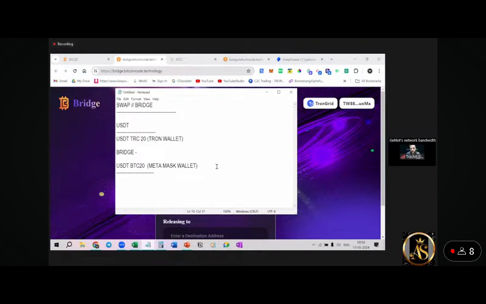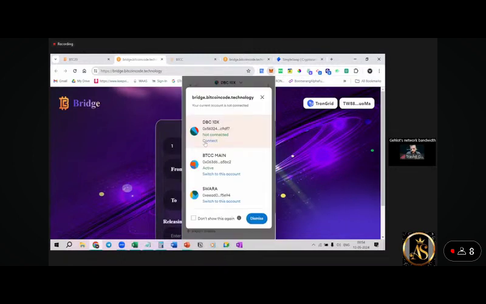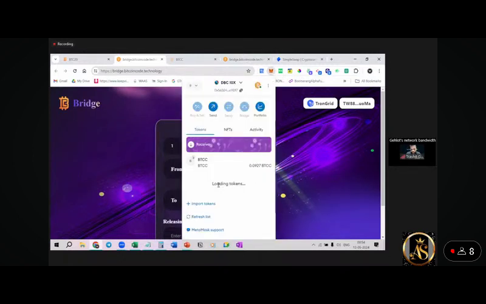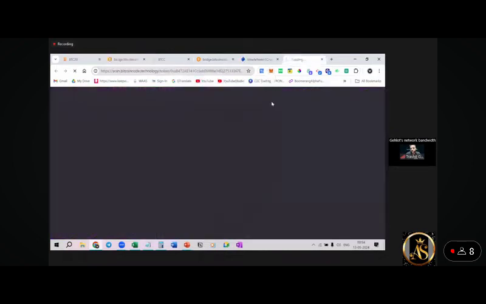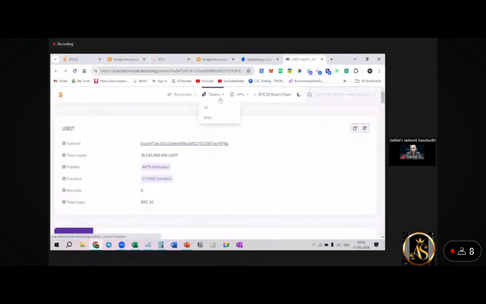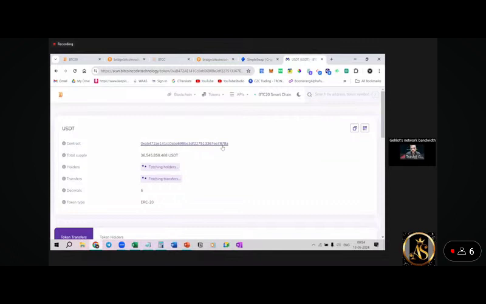I hope you know how to import USDT to your MetaMask wallet, right? All you need to do is go to the scanner, scan.bitcoincode.technology. We have the tokens there, and from the tokens, you can get the smart contract address of USDT. It ends with 7878A.